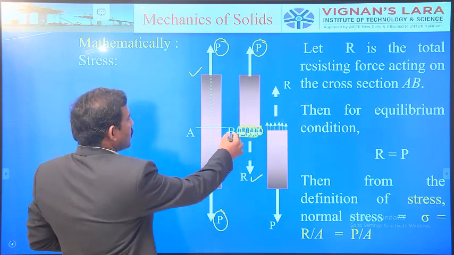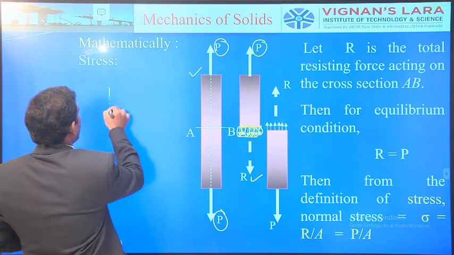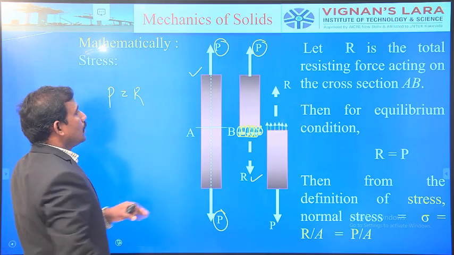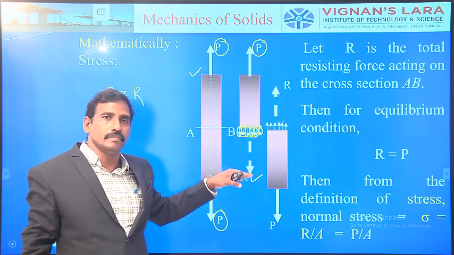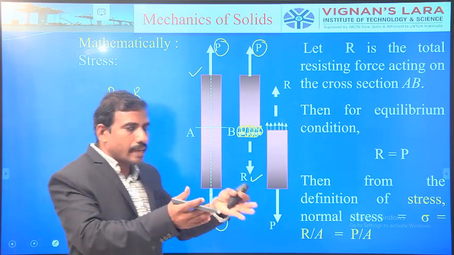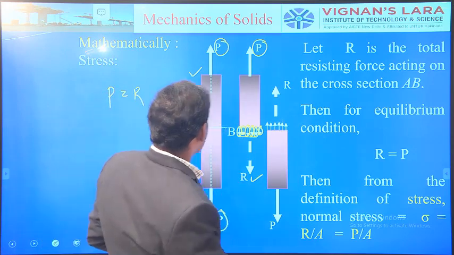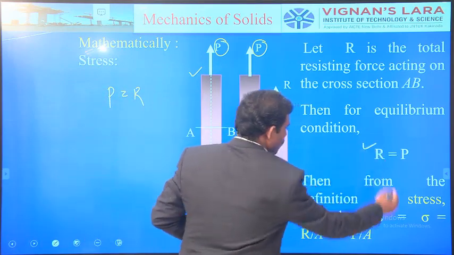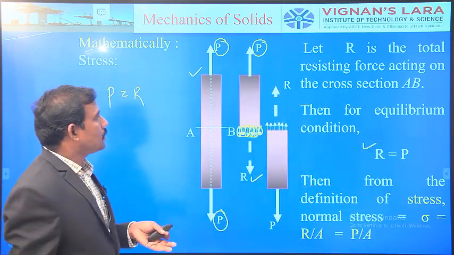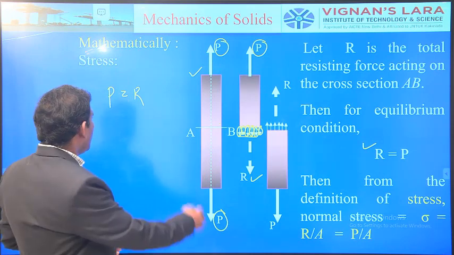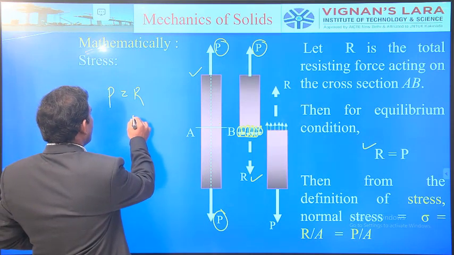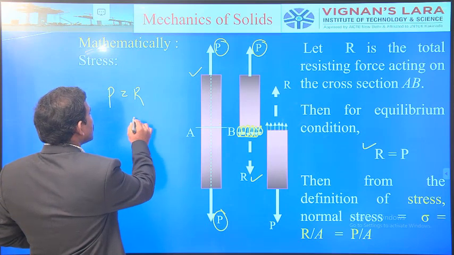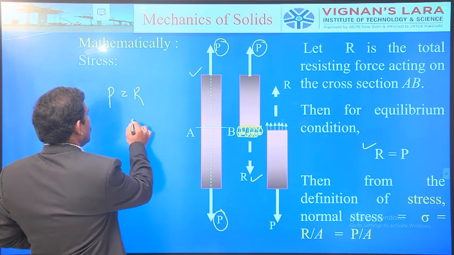No failure means P is equal to R. P equal to R means the body is in equilibrium. It means the net force acting on the member is 0. So P is equal to R. What we know is that stress is defined as the resistance offered by the body to the deforming forces.